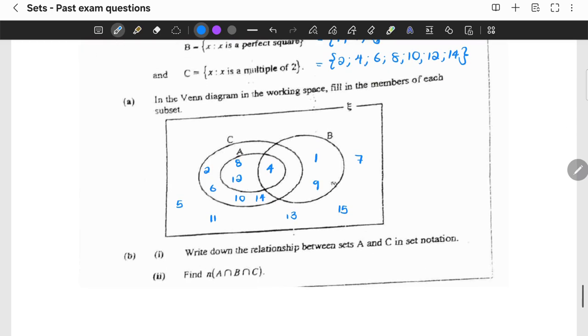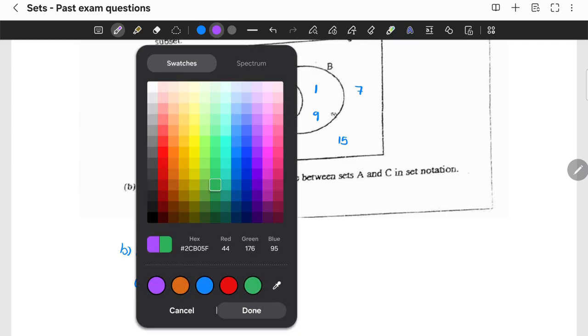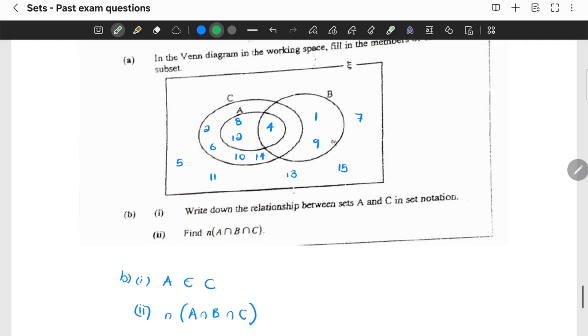So part B says, write down the relationship between sets A and C in set notation. So A is contained in C, so C contains A. Part 2 says, find the number of elements in A intersection B intersection C. So let's try to shade that in green.